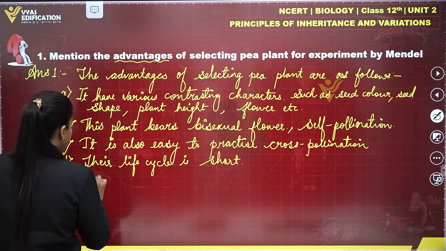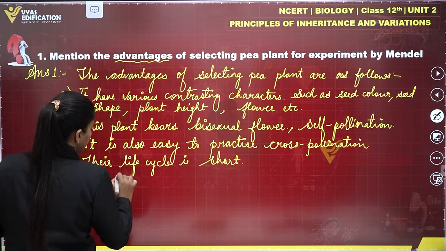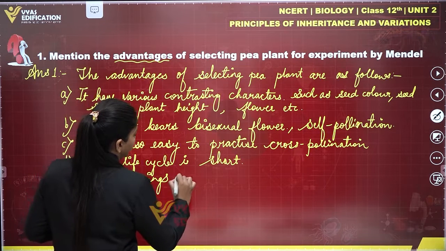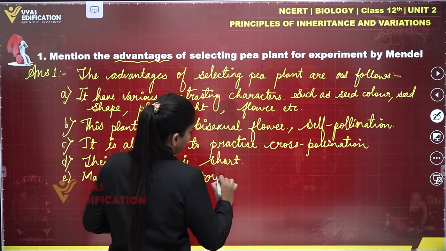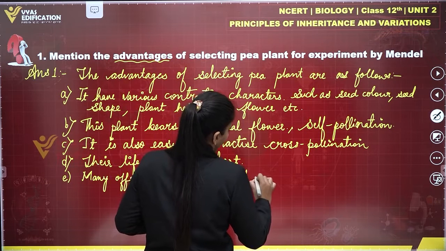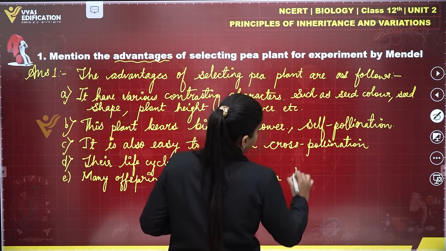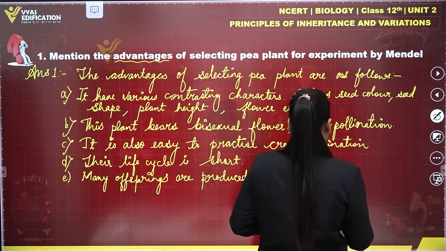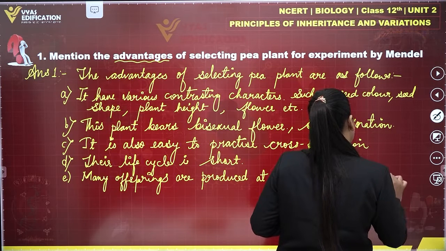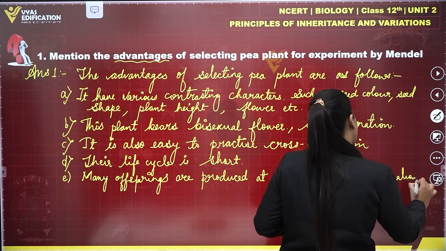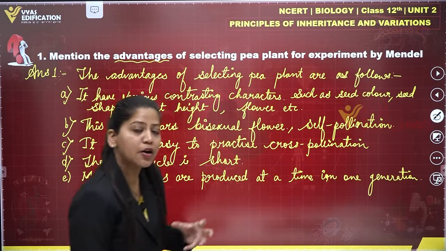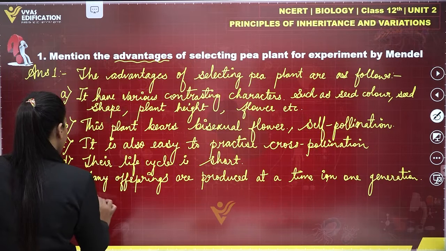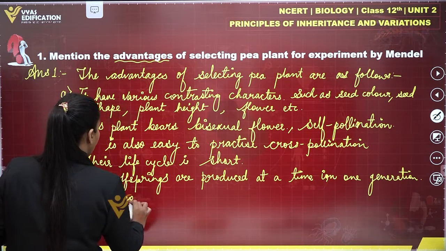Then next, many offsprings are produced at a time in one generation. So this is also an advantage that in one generation only it can produce a large number of progeny. And the last but not least, it is easy to grow.